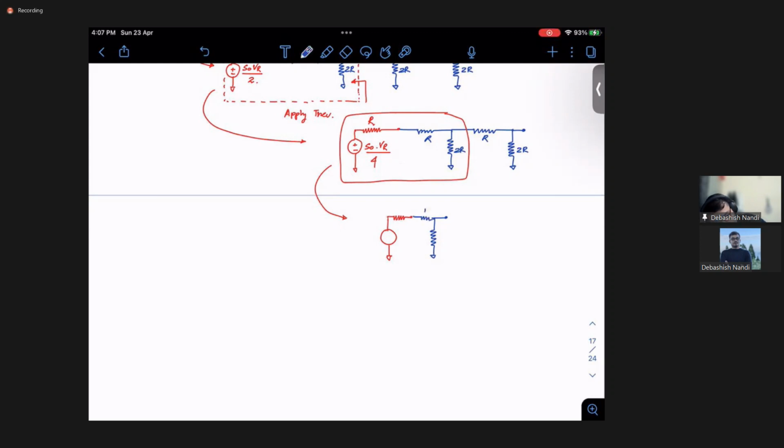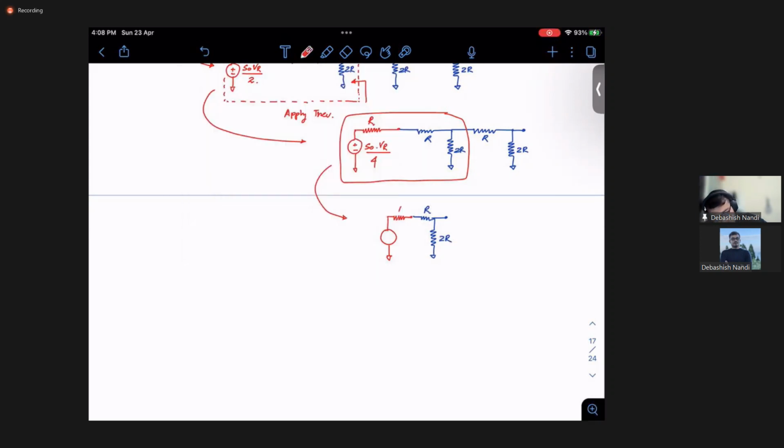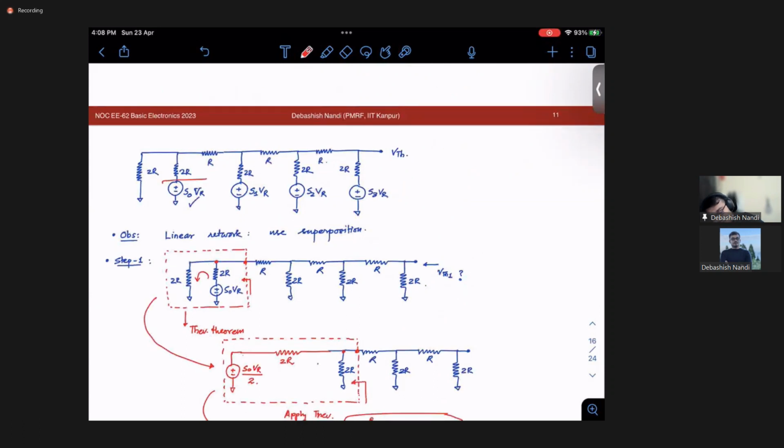So this is your R, this is your 2R, and this will be your R, and this will be S0 VR by 8. Similarly, again if you do that, finally you will have S0 VR by 16 and a series resistance of R. This is for only this source.